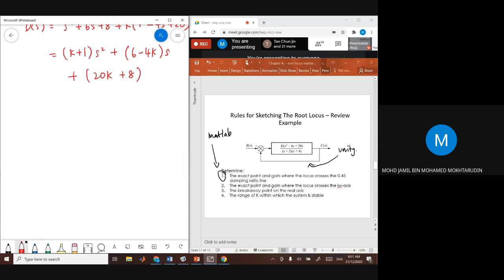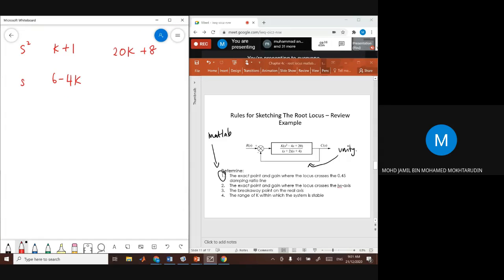We use the Routh-Hurwitz table. Okay, so use row S1.